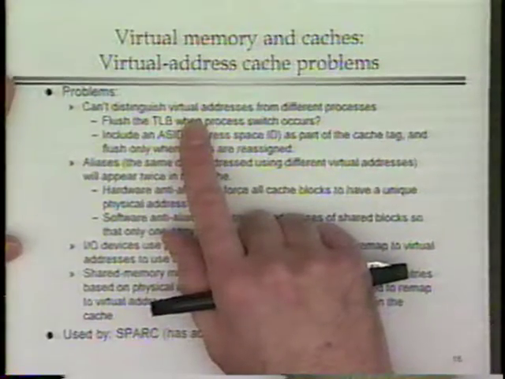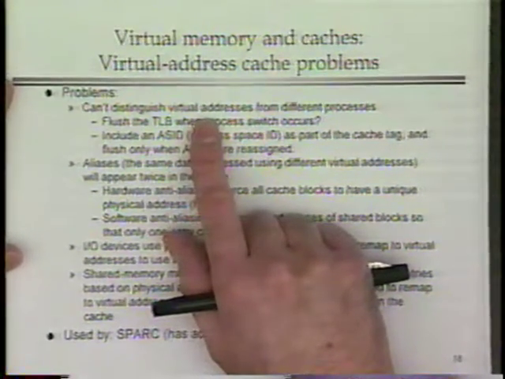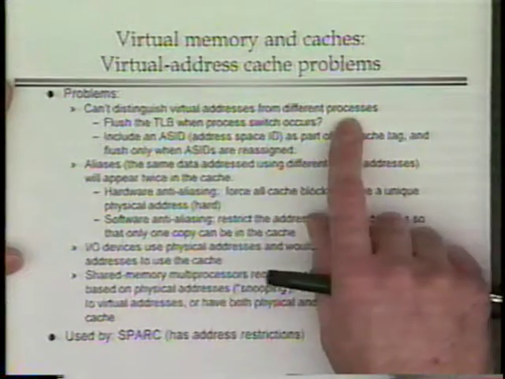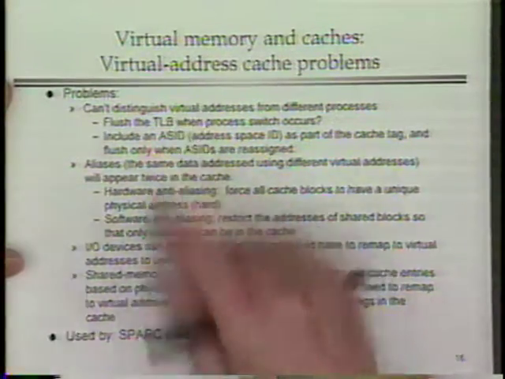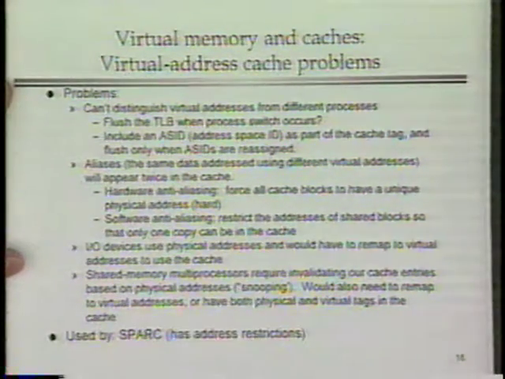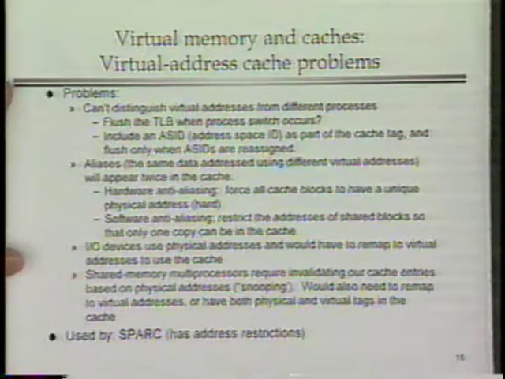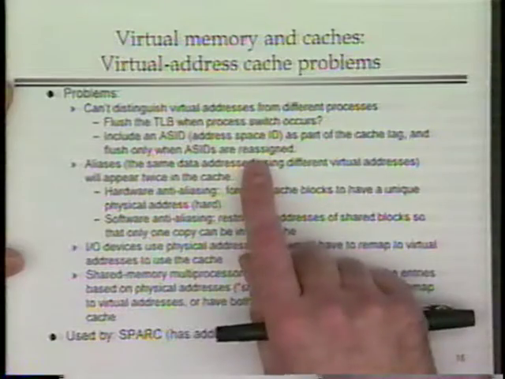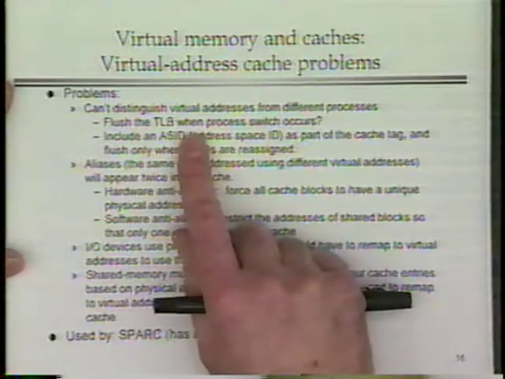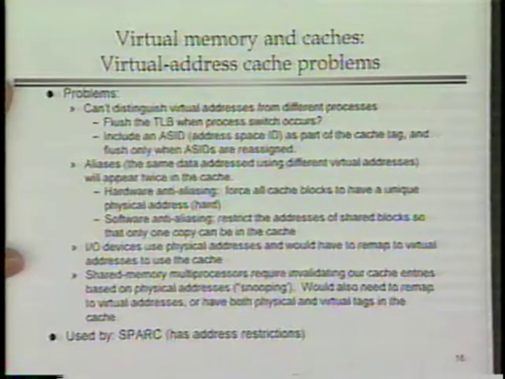One is that, remember, this is a multi-programming environment, and we're running different processes which may be using the same virtual addresses to reference different data. All the users running on this Unix machine may believe that their program begins at absolute location 0. Yet they're different physical addresses. Our cache contains one entry for virtual address 0, so we're going to be in trouble.